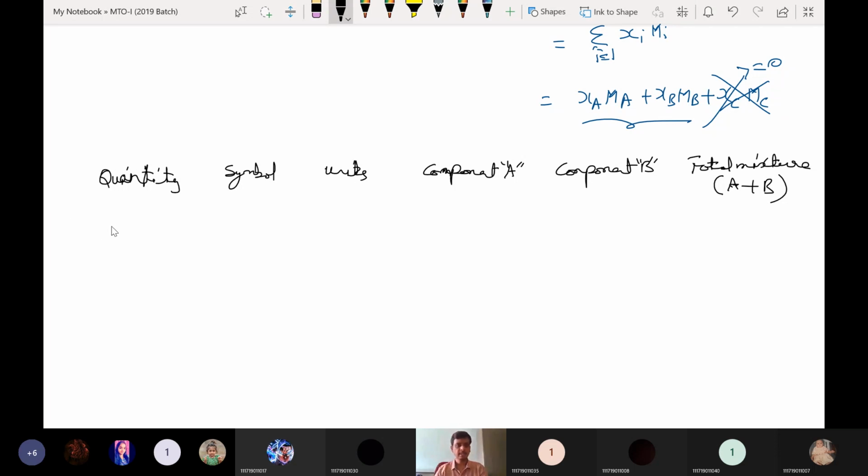The first quantity is mass. The symbol of mass is small m, and the units of mass are kg or gram; in SI units it is kg. Component A we denote as small m subscript capital A, and for component B it is small m subscript capital B. Can you see my screen?